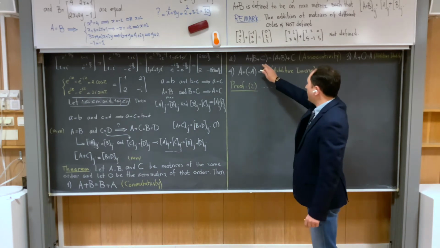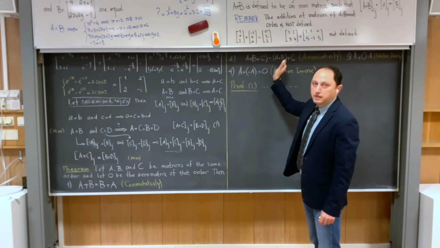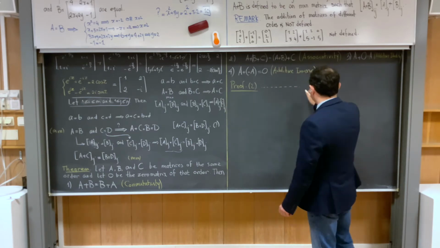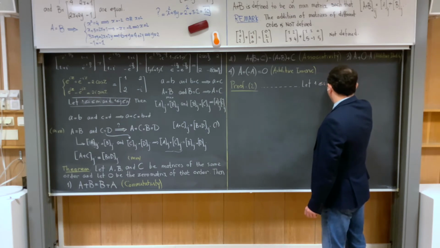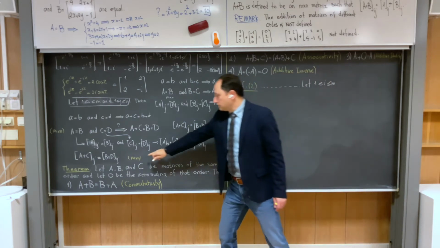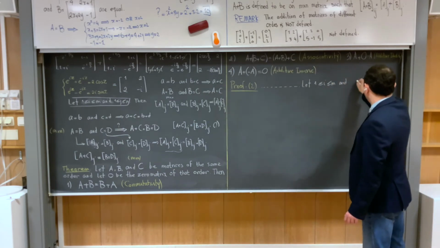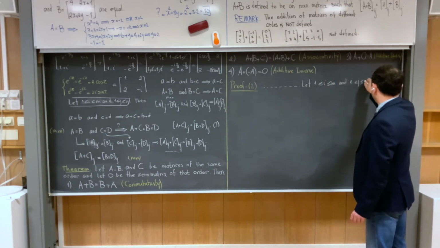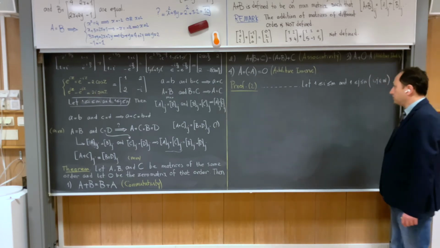The next part is I need to show that any element on the left-hand side is equal to the corresponding element of the right-hand side. I would say let i be a number between 1 and m, the number of rows of these matrices, and j be an integer between 1 and n actually. So let me emphasize that i and j belong to the set of natural numbers.